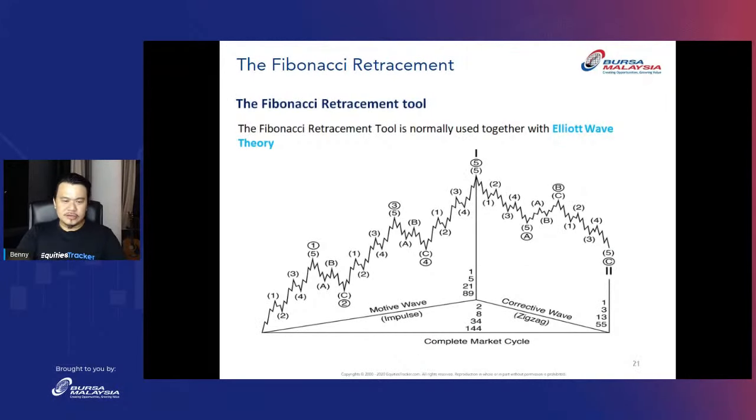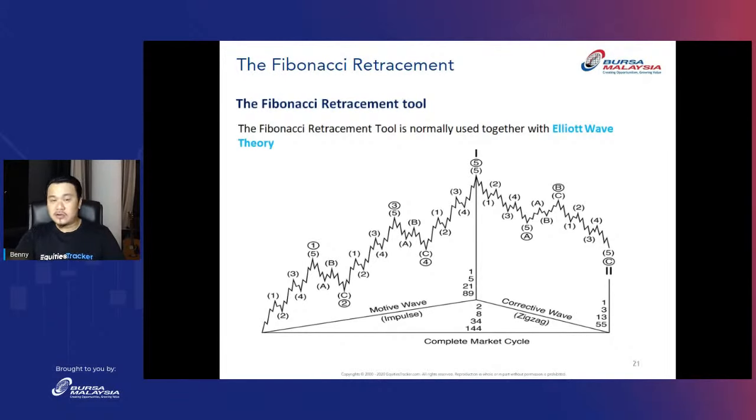All right. So that's Fibonacci retracement. It's a very simple concept. It's a very simple tool, right? But remember, the idea of using these tools is basically to find the support or resistance level. That means when the price pulls back, I want to know where the support level is. Okay. In our previous webinar, we talked about how we use trend lines, right, to identify where the next possible support or resistance level is.